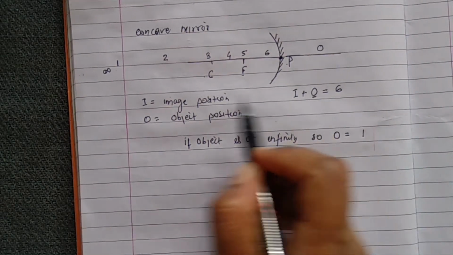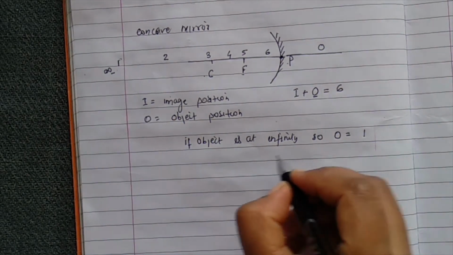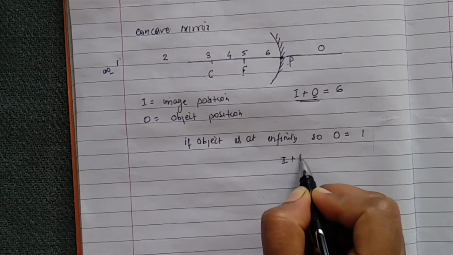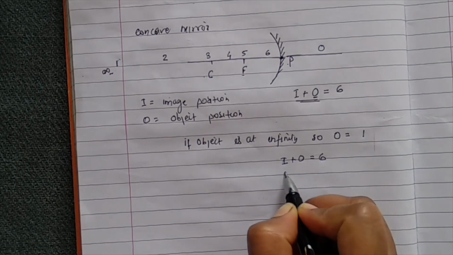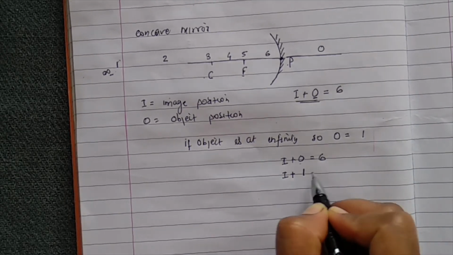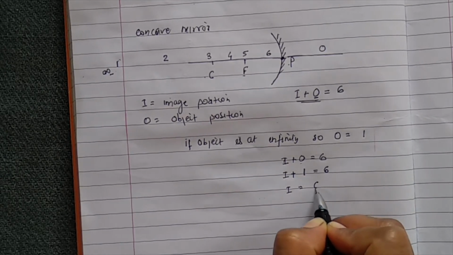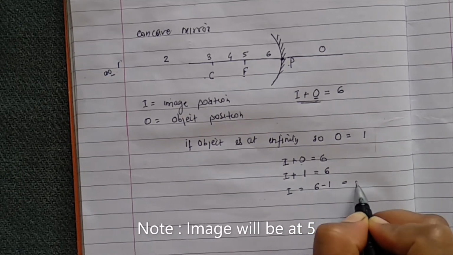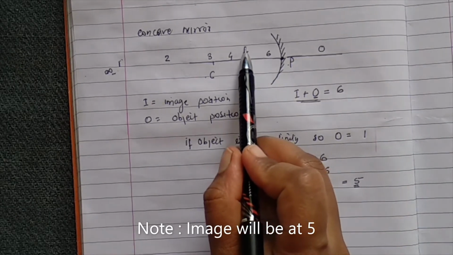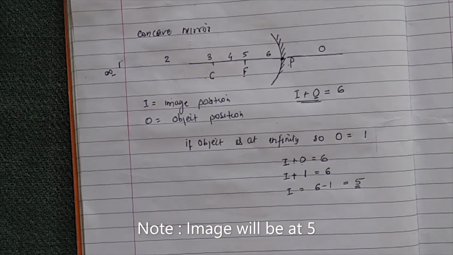So according to this rule, I plus O equals 6. Image we have to find out. Object position is 1, so I will be 6 minus 1, and that is 5. So 5 means the image will be at 5, which is at focus.